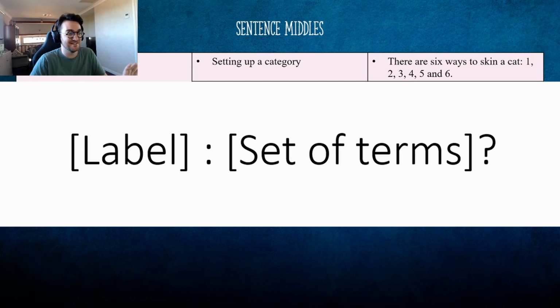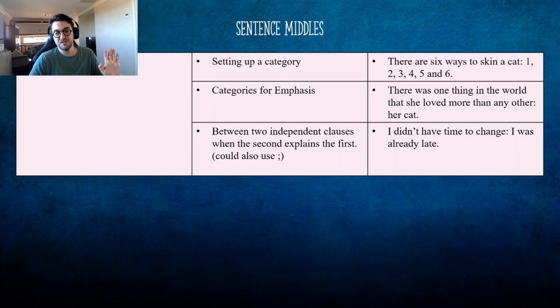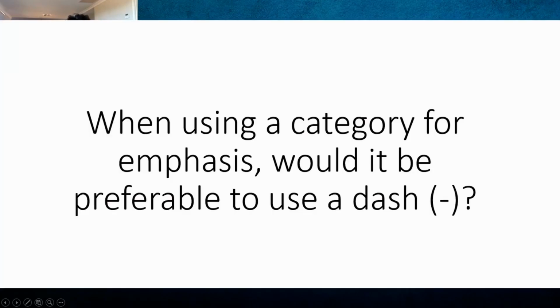Yep, that's exactly it, Vinny. So, there is one thing in the world that she loved more than any other: her cat. That would be setting up a category, things in the world that she loves more than any other, and then the list in that category may only be one item long, but it is her cat. So that's a category. Next question from Amy.